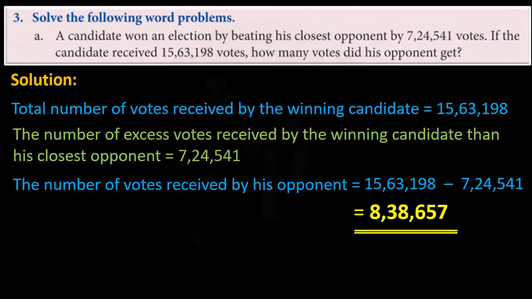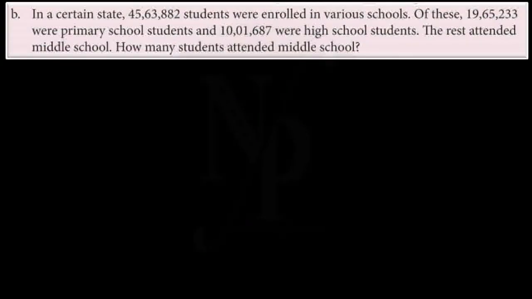Now let us move to the next question. B. In a certain state, 45,63,882 students were enrolled in various schools.